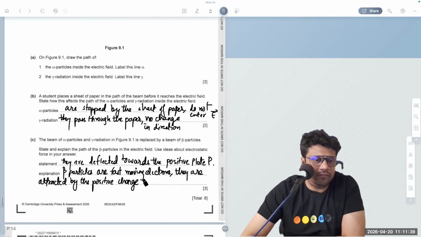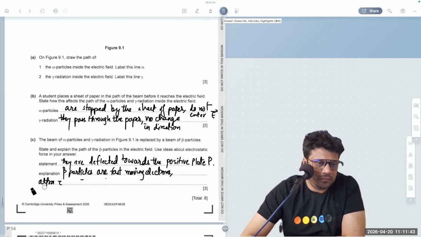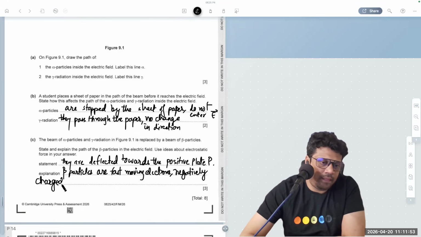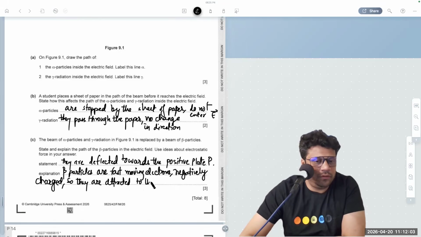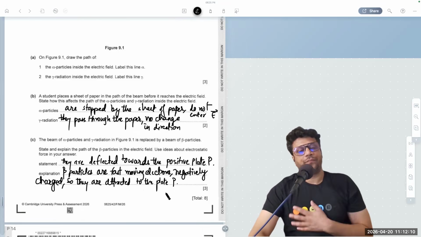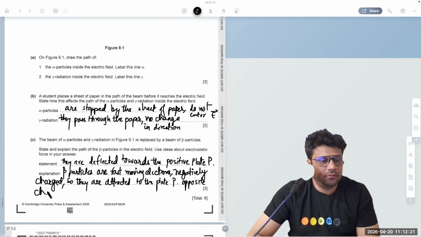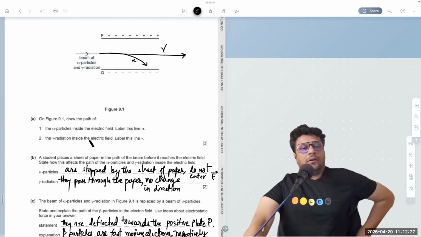Fast moving electrons are negatively charged, so they are attracted to the positive plate, because opposite charges attract. That must be it. Okay.